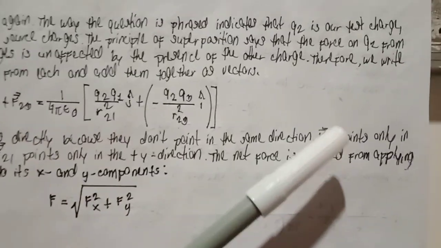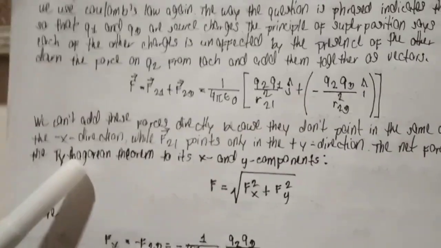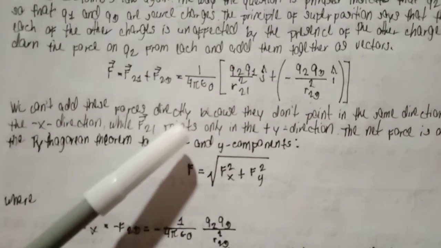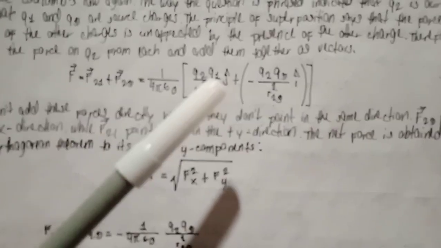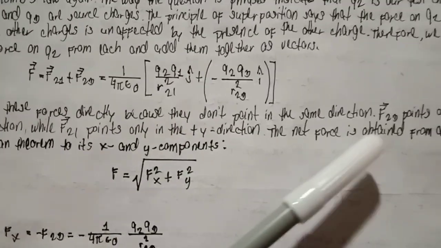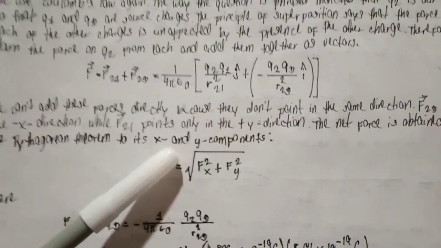F sub 23 points only in the x direction, while F sub 21 points only in the positive y direction. The net force is obtained from applying the Pythagorean theorem to its x and y components.